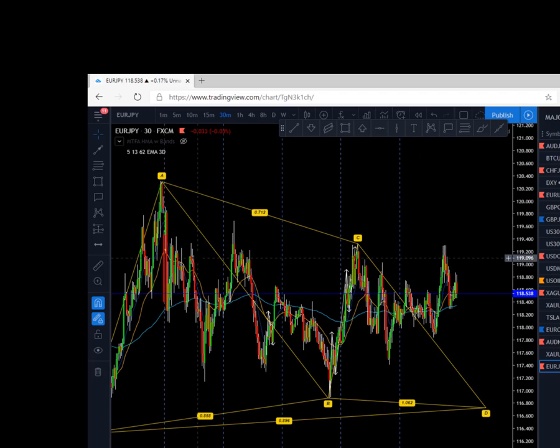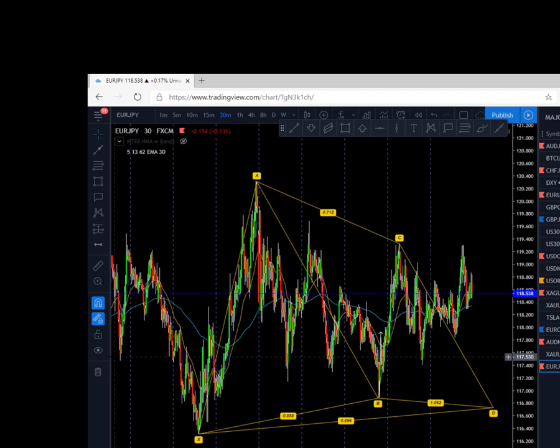This is a good area for resistance on that C point. So I'm going to start drawing my trend lines using A and C points.